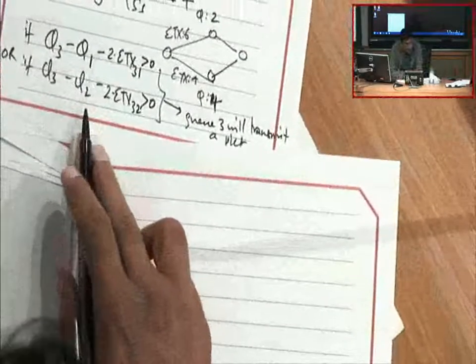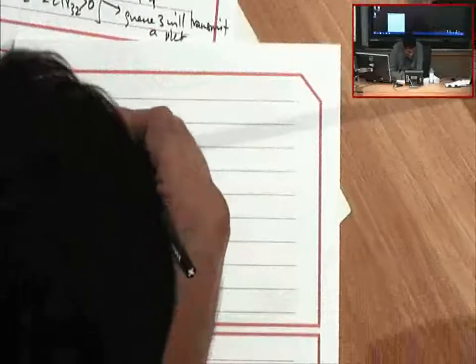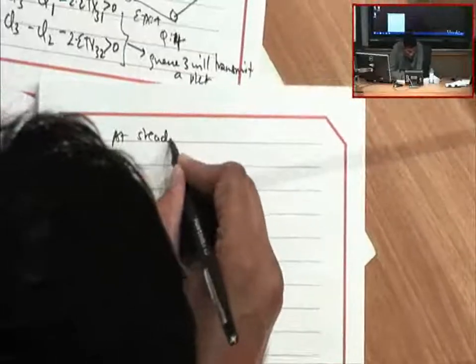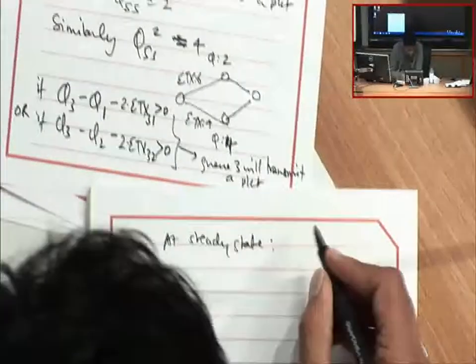Under what condition would this hold? Let's try that out. We know the values for Q1 and Q2 at steady state, so we're trying to figure out what Q3 might be at steady state. We've determined that QSS2 is 4, QSS1 is 2.